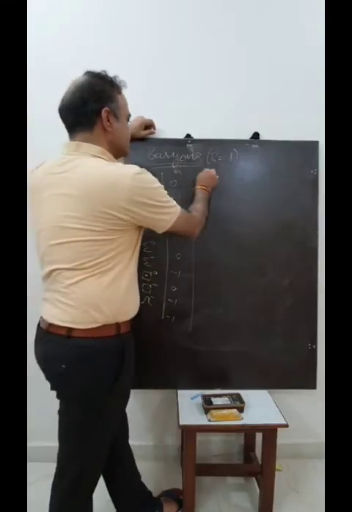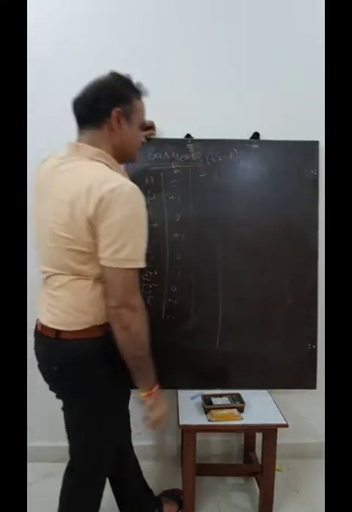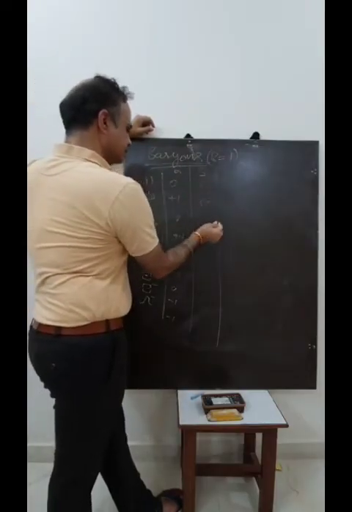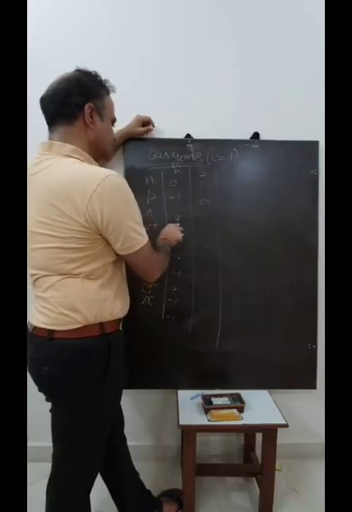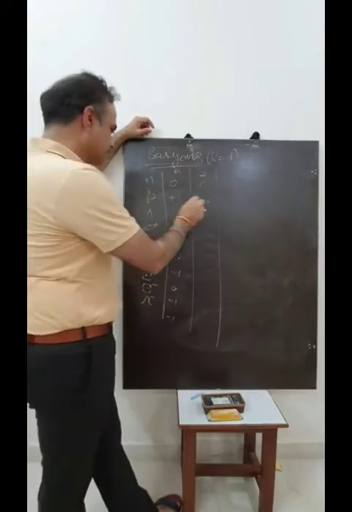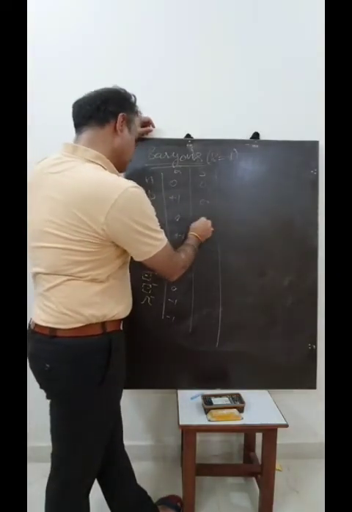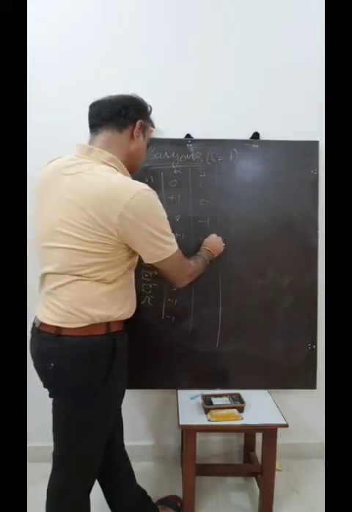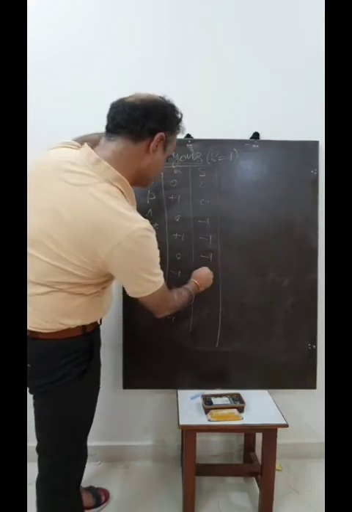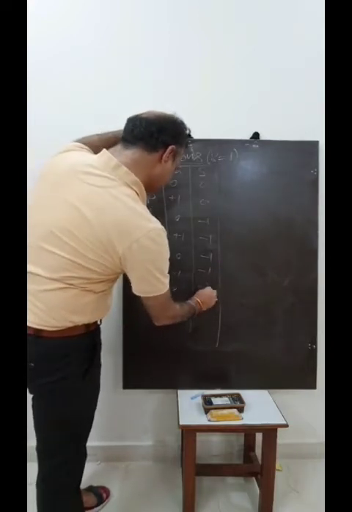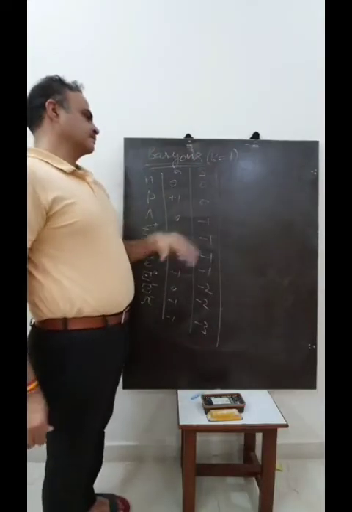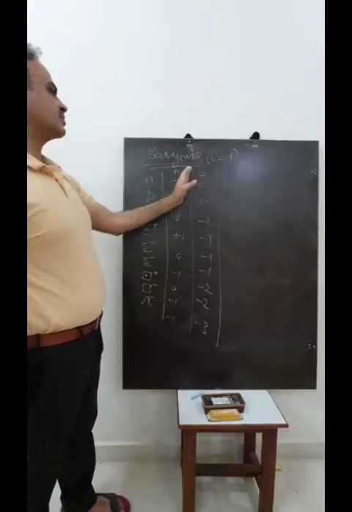Then strangeness: their strangeness S is 0, 0, and what is the strangeness of lambda? We must know this. This is minus 1, and this is minus 1, minus 1, minus 1, minus 1, minus 1, and this strangeness is minus 2, and this is minus 2, and this is minus 3. So this is the charge and strangeness.